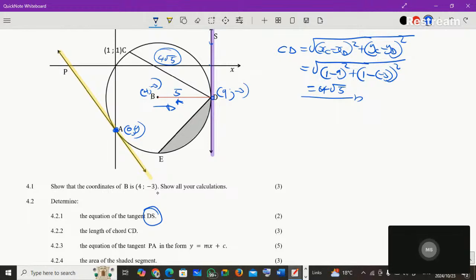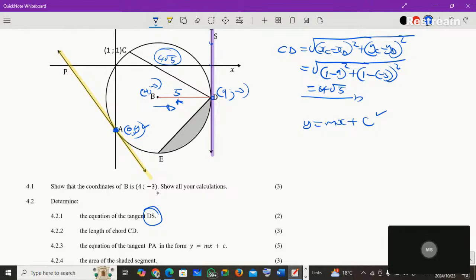In order to get the equation of a tangent, y equals mx plus c, once we have the coordinates of A, as the y intercept of the circle and also of the tangent, we will have the coordinate c.